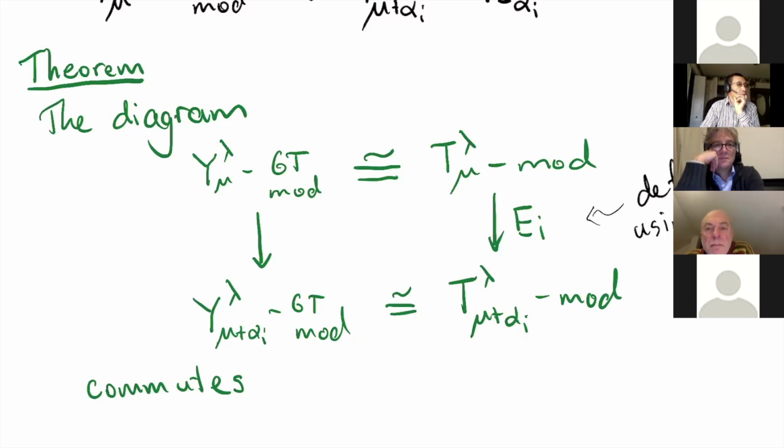For example, in the special case of SL2 when lambda is 0, then this corresponding W lambda mu is something like a Toda system.